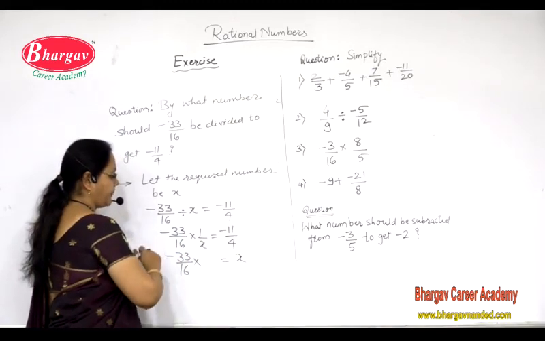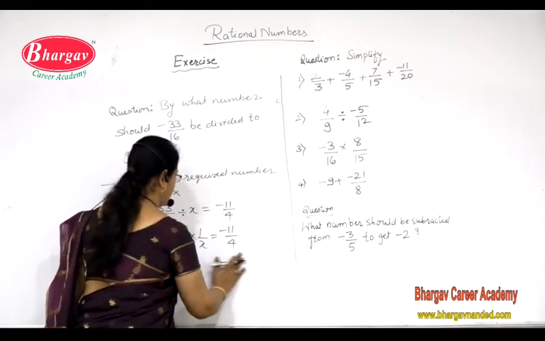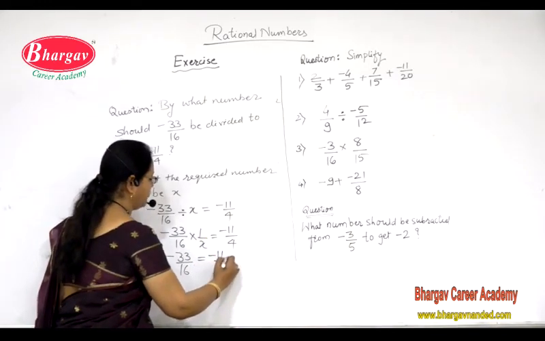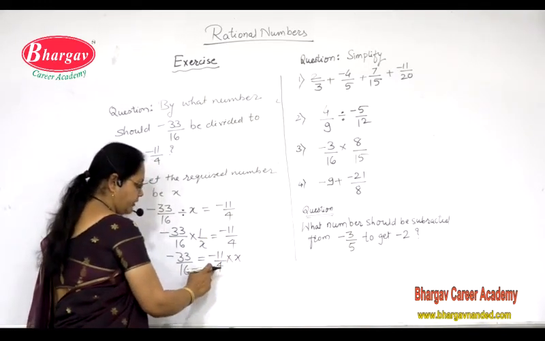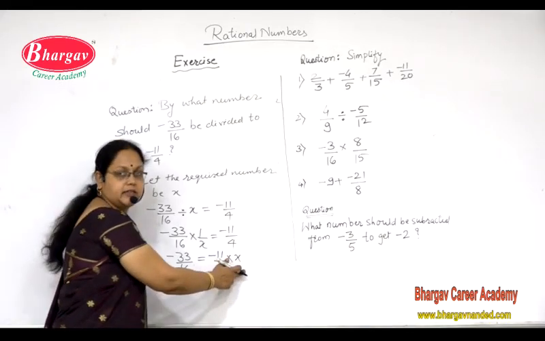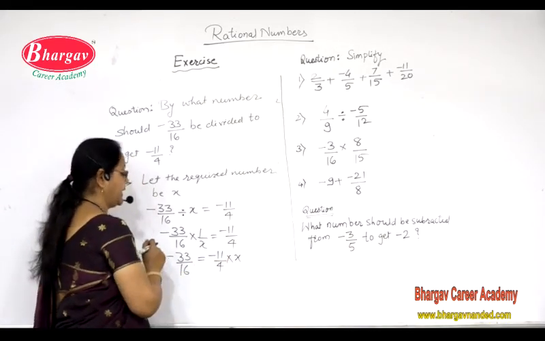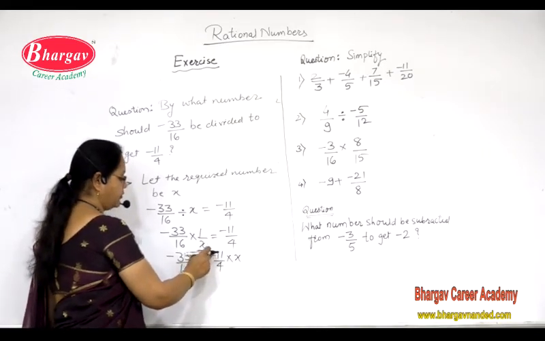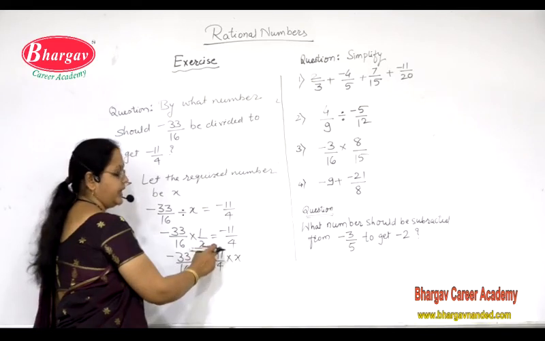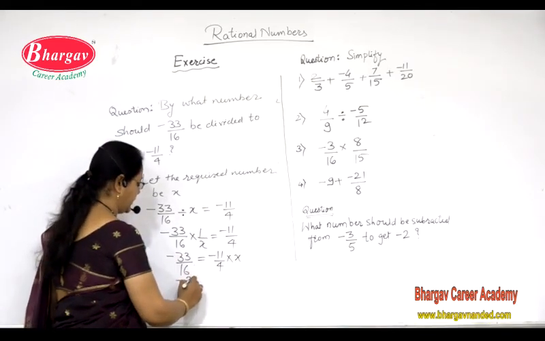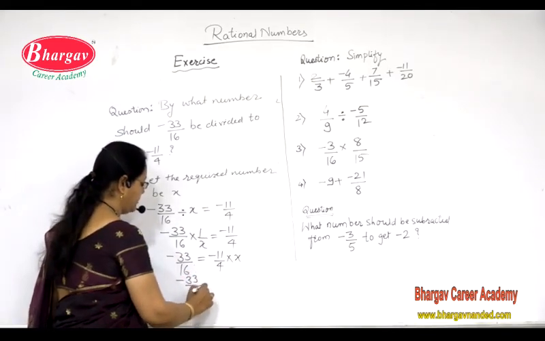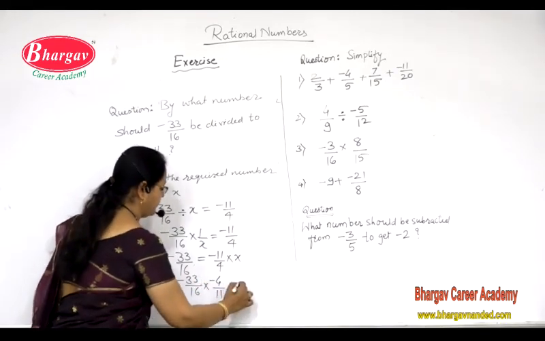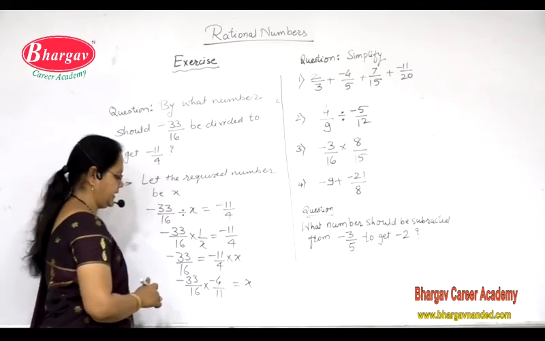Once I shift this x on the right hand side, it will become minus 11 by 4 into x. So this minus 11 by 4 is actually in multiplication, not in addition or subtraction with this x. So in order to shift it on the left hand side, we have to keep the sign as it is and we just take the reciprocal, and we write it as minus 33 by 16 multiplied by minus 4 by 11, which is equals to simply x on the right hand side.